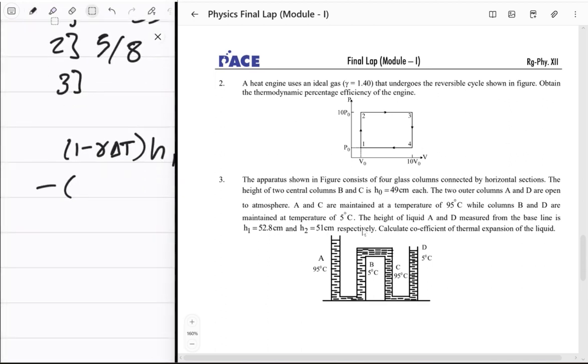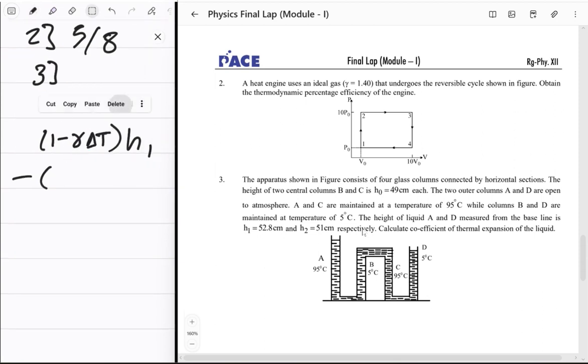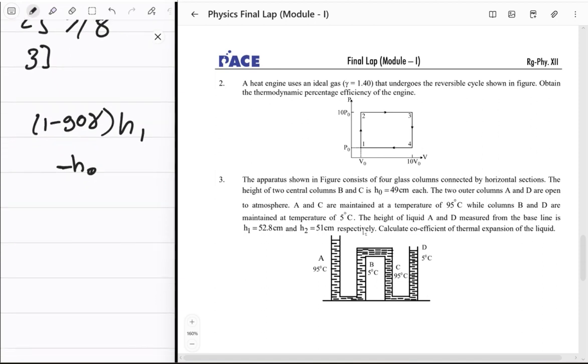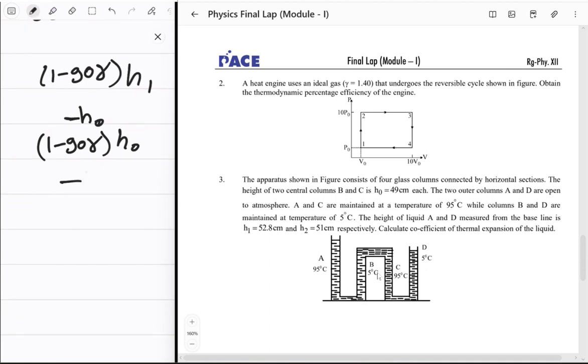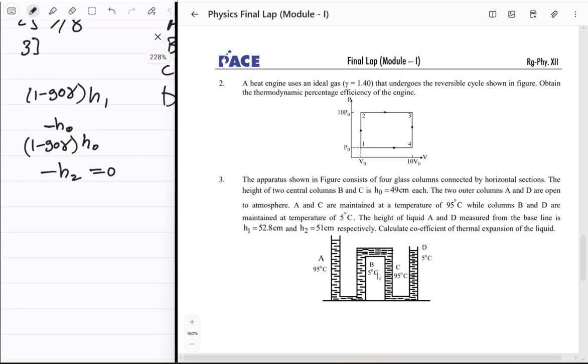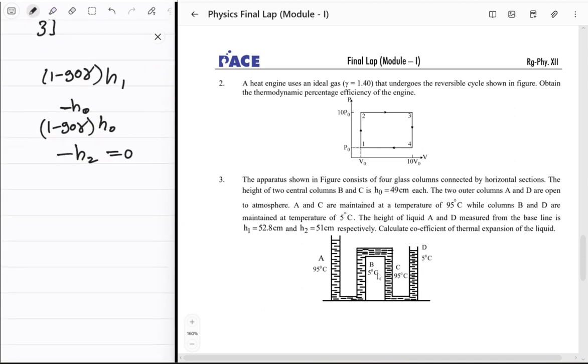सो एक्चुअल में फिर gamma times 90 कंसीडर करते हैं, like ok, 1 minus 90 gamma आएगा पहले तो। ओके कूल, फिर क्या माइनस, तो ये तो 0 है, we don't have to worry about that, just minus h2, no it's h what, it's h naught, okay, right। फिर C के लिए it's once again 1 minus 90 gamma times h naught, तो इसमें अब इंक्रीज हो रहा है because नीचे जा रहे हो, like h1, कूल। ओके, फिर डिक्रीज हो रहा है, सो it's just minus h2, that's equal to 0। And then you have to figure out कि ये चीज क्या है एक्चुअली। Understandable.